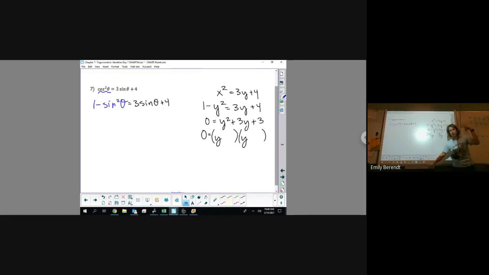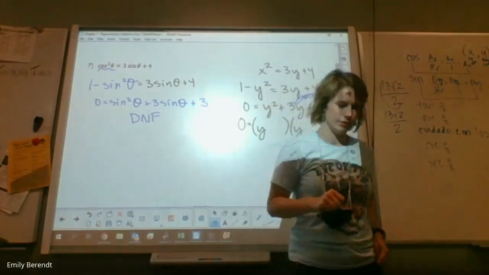But then the rules of factoring this, you need 2 numbers that multiply to 3 that add to 3. What happens? Doesn't factor. So over here with a 0 equals sine squared of theta plus 3 sine of theta plus 3. This is a DNF.